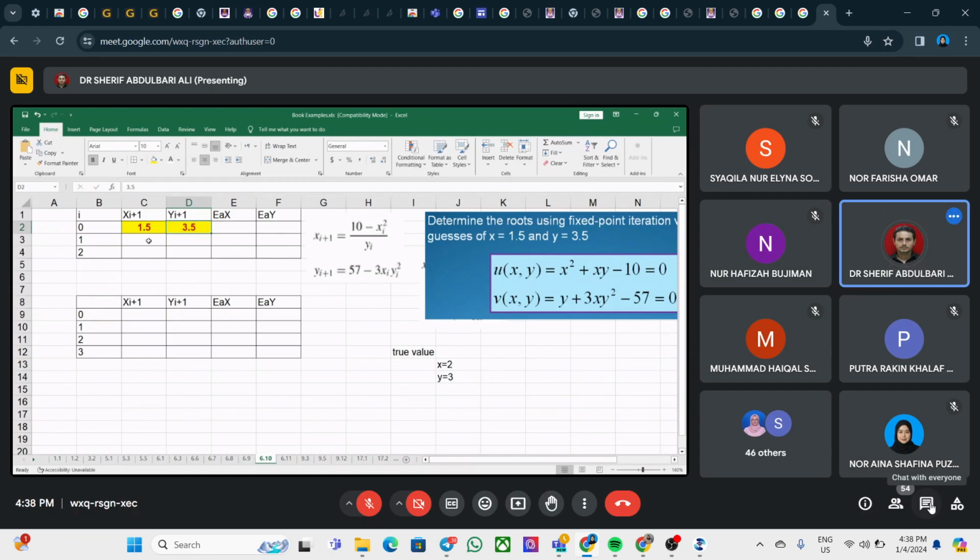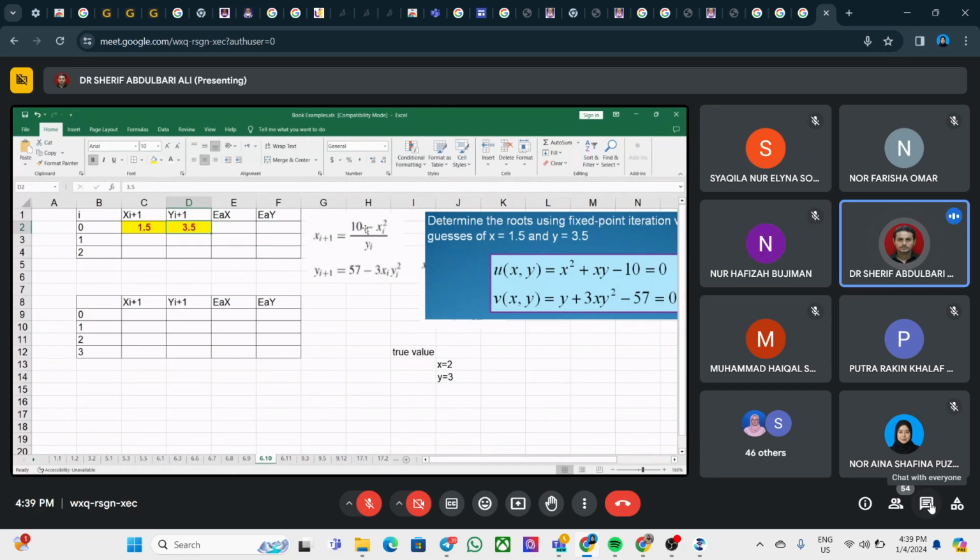So what is my next prediction of x going to be? I'm going to use the initial values inside the first equation. So x is equal to 10 minus the value of x, which is 1.5, over y, 3.5.